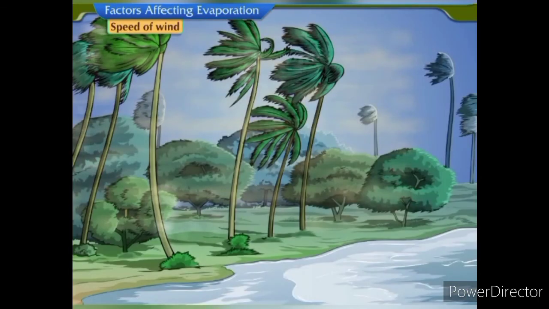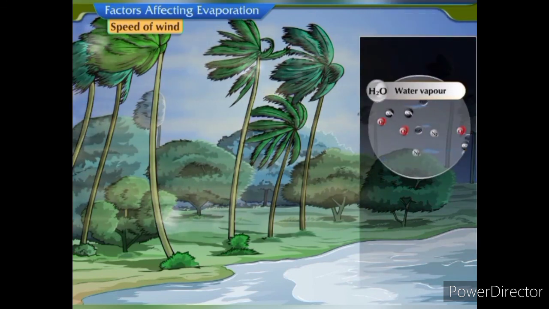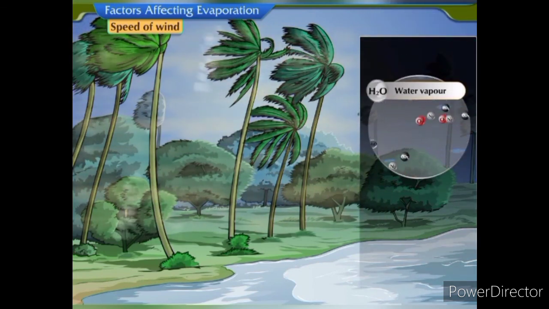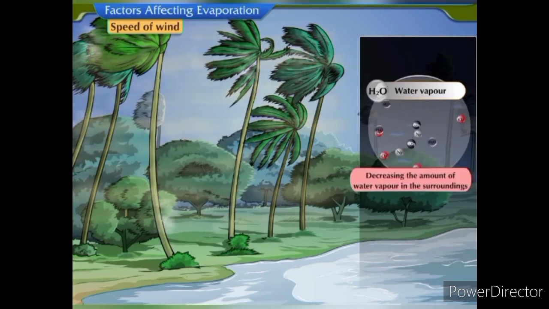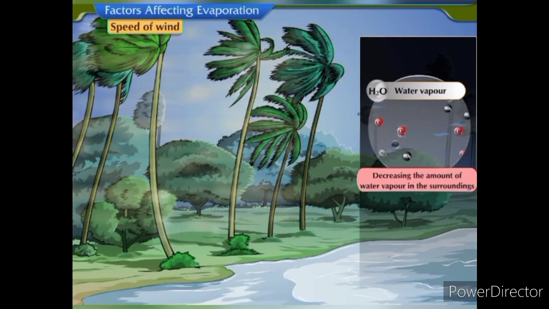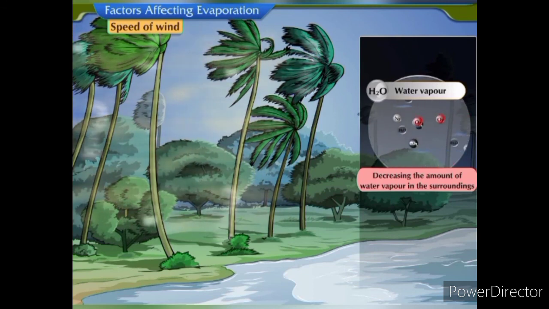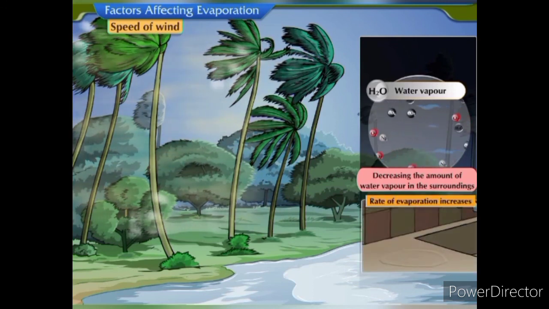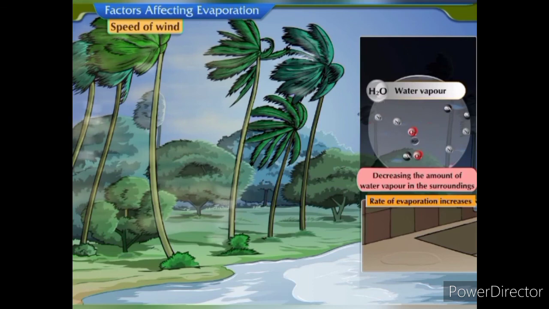Speed of wind. When the speed of wind increases, the particles of water vapor move away with the wind, thus decreasing the amount of water vapor in the surroundings. Thus, the rate of evaporation increases.